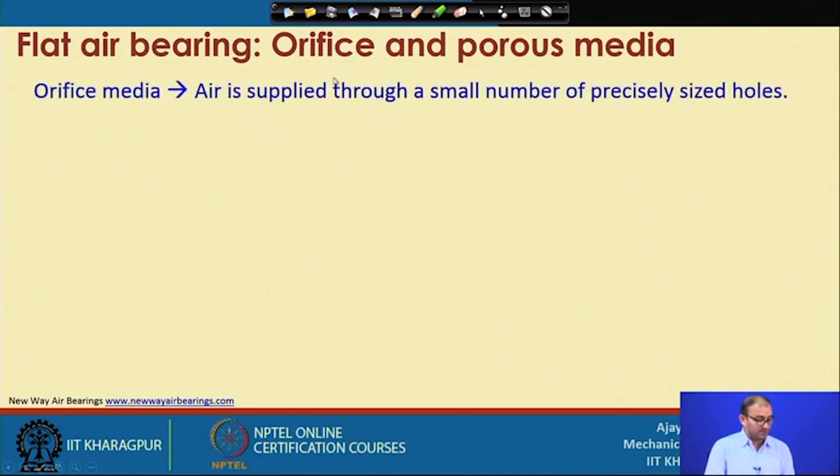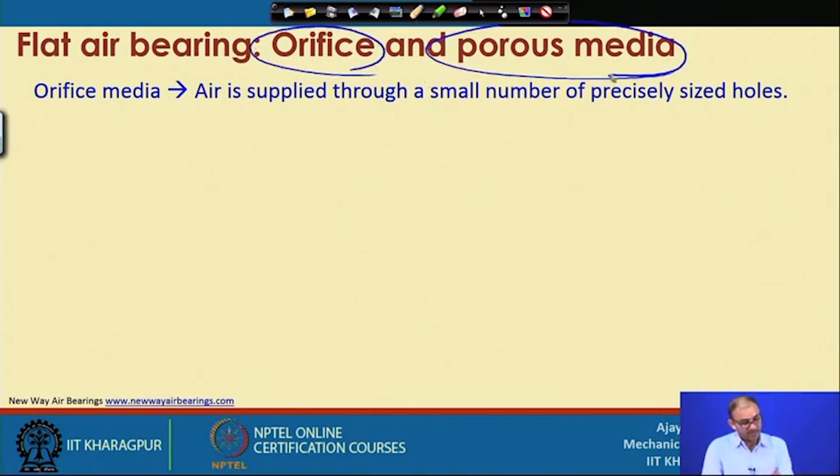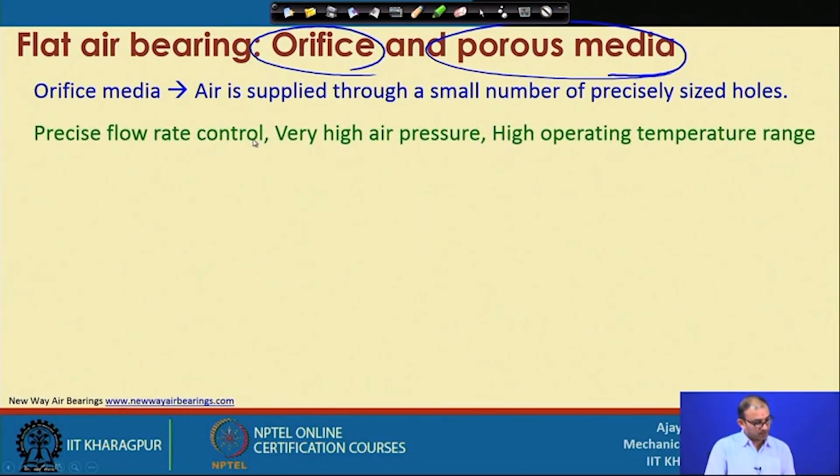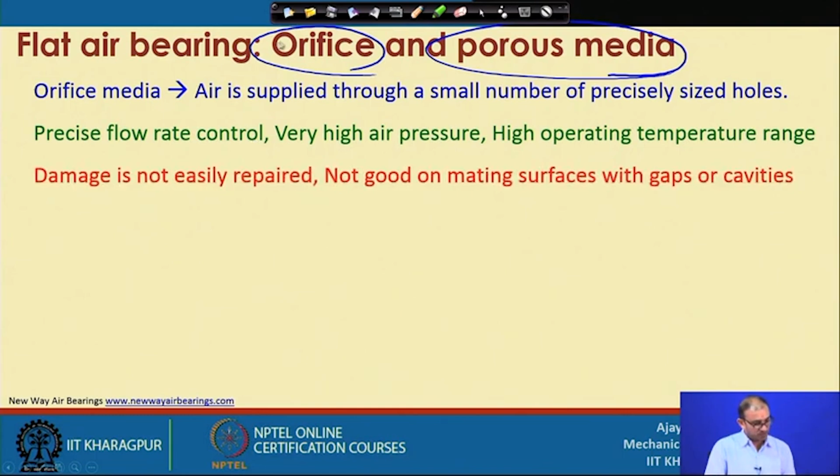There are two ways you can supply the air through this part. One is called through orifice and the other is the porous media. When you are talking about orifice media, that means air is supplied through a small number of precisely sized holes, with precise flow rate control, very high pressure rating and a high operating temperature range. So what does it mean?